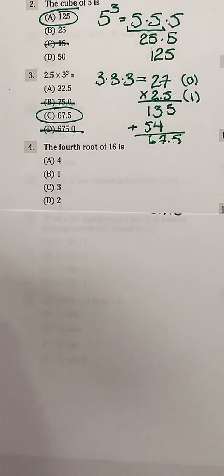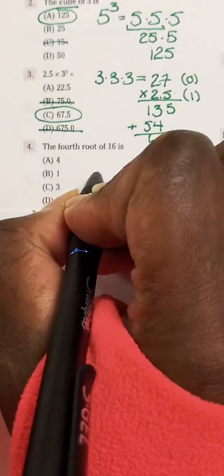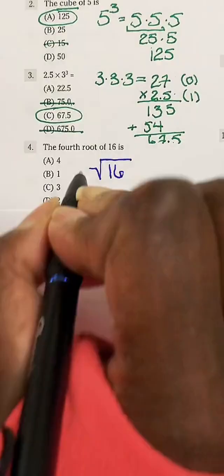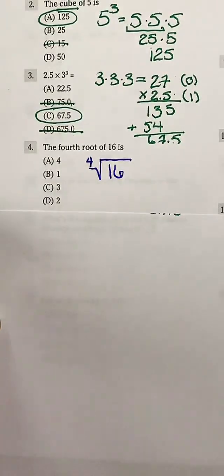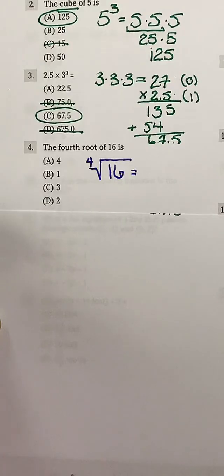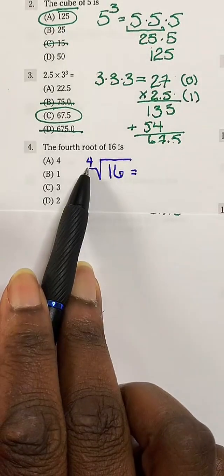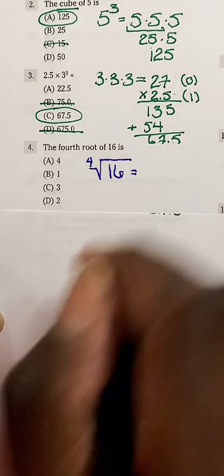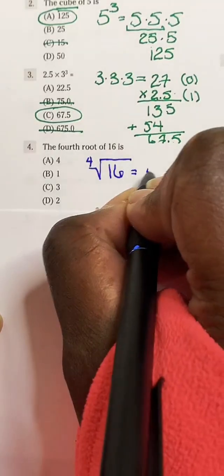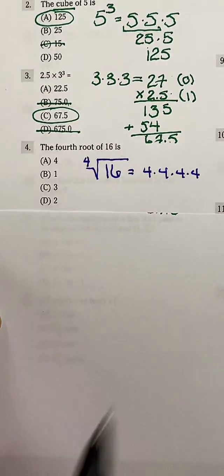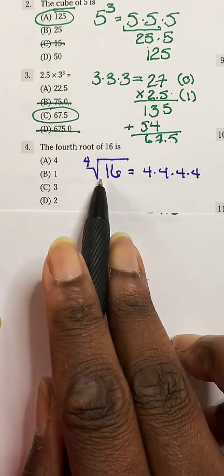Let's see it out. Now, the fourth root. We are so used to seeing what's called the square root, but we're talking about the fourth root. So we want to know what number multiplied by itself 4 times will give me 16. If I say 4, that means I'm looking at 4 times 4 times 4 times 4, but just 4 times 4 will give me my 16.